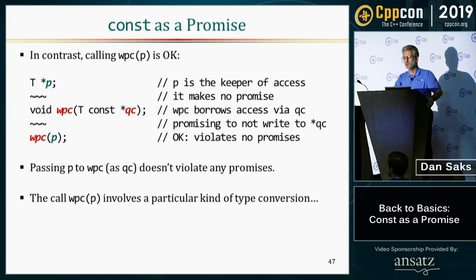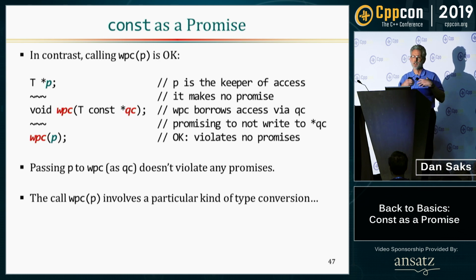Now, in contrast, when you call the function that wants a pointer to const, and you pass it something that isn't const, that's okay. Because what that's actually doing is adding a promise. It's not taking one away. And there's nothing wrong with somebody who says, I've got this thing that's modifiable. Can I give it to you with the understanding that it'll come back intact?